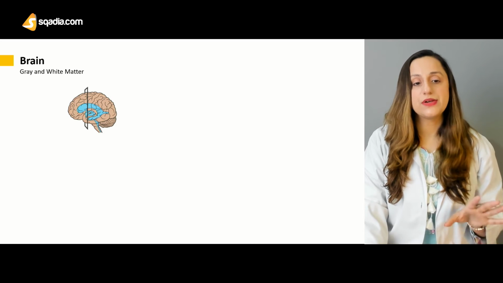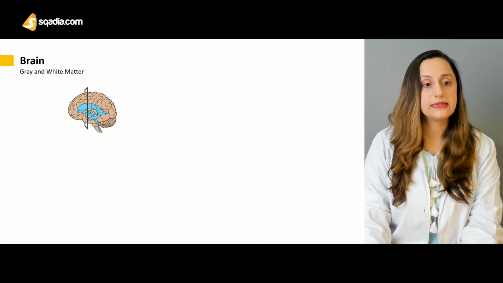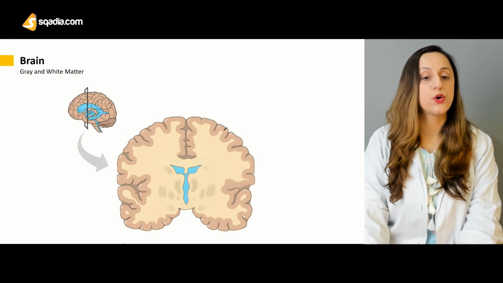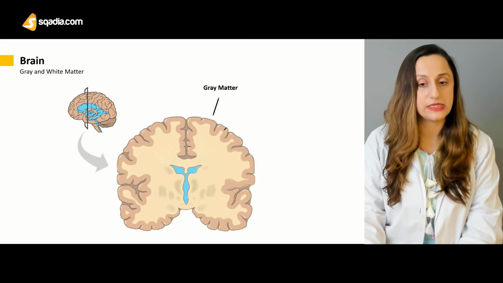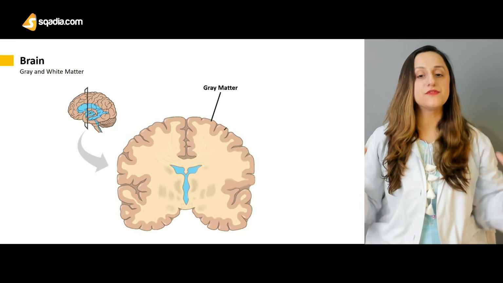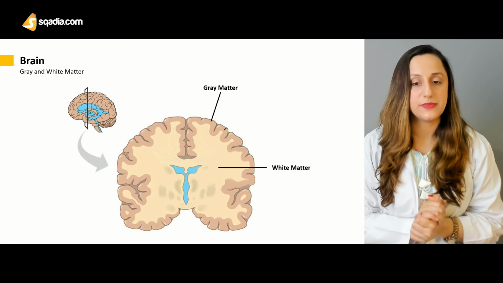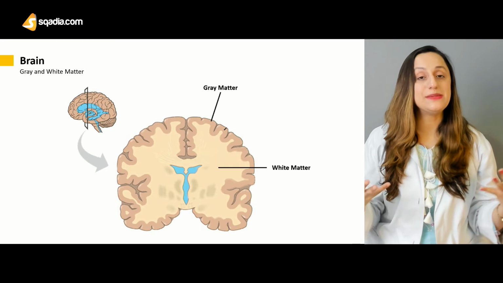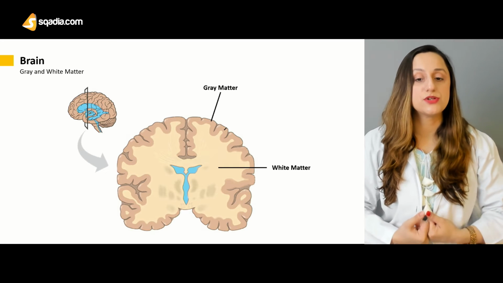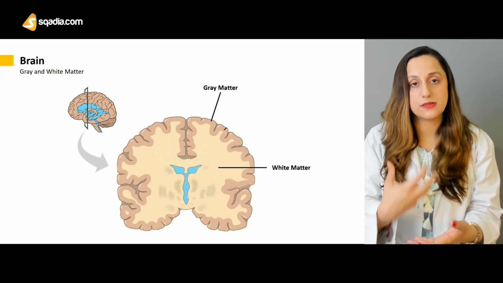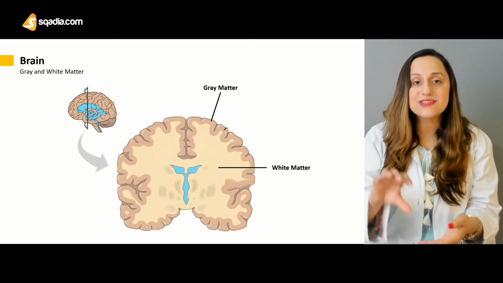Now, there is something very interesting that you have to remember: the organization of the gray and the white matter inside the cerebral cortices. You can see over here that the outer covering is the gray matter and the inner covering is the white matter. The cell bodies are usually present in the gray matter, and the white matter usually contains the axonal transport materials, the axons of the neurons.